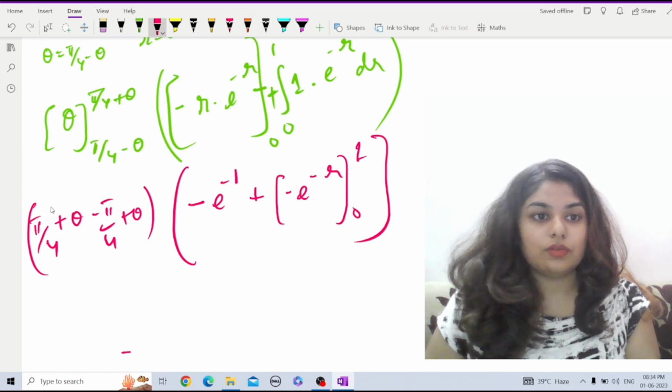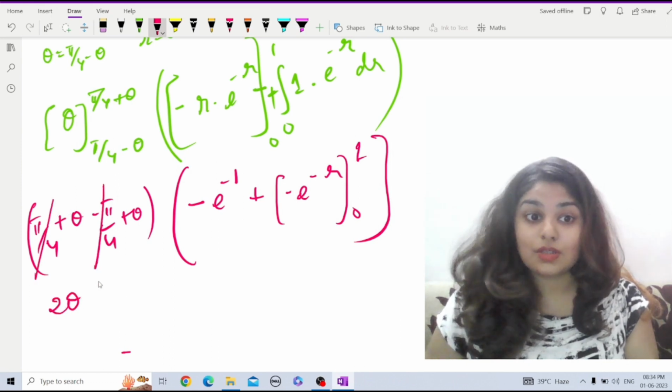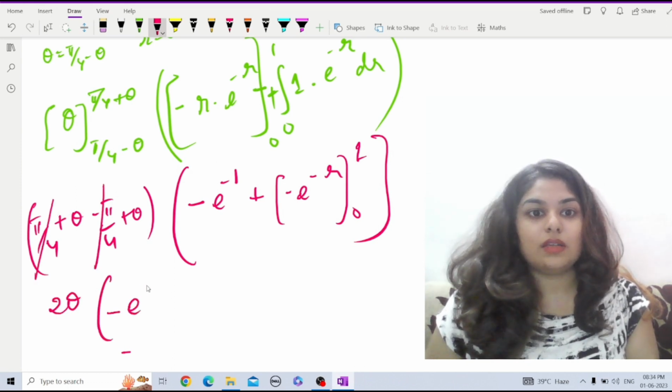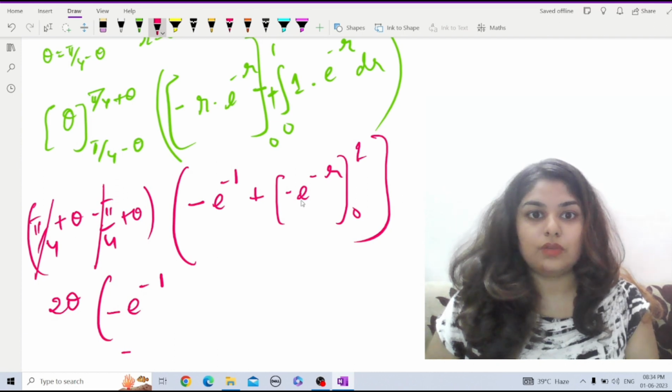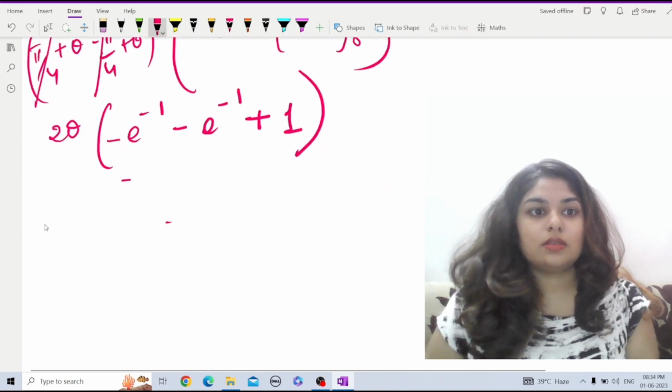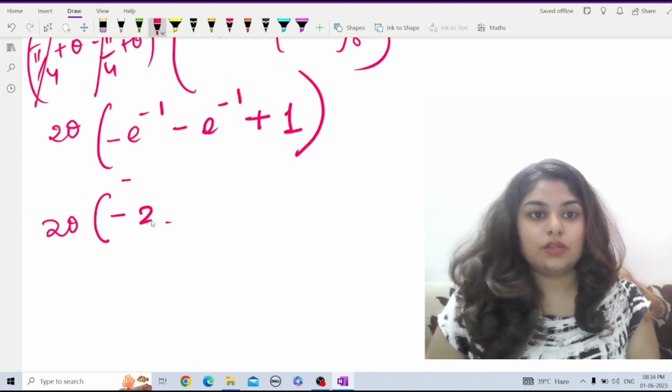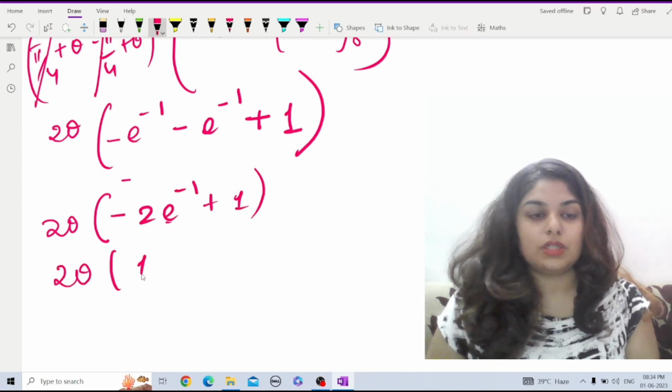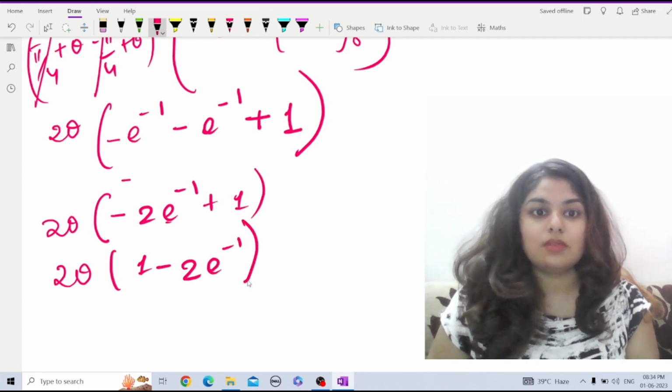Now let us put the values. Obviously this gets cancelled, so this is 2 theta, here we have minus e to the power minus 1. Putting the values here, we have minus e to the power minus 1 plus 1. So that is 2 theta minus 2 e to the power minus 1 plus 1, or if we rearrange it, 2 theta times 1 minus 2 e to the power minus 1.